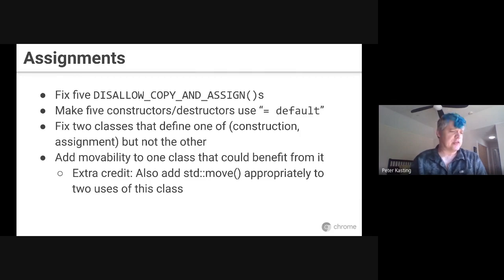Or maybe we're being forced to store it in a unique pointer today, but we really wish that we didn't have to do that, and go add move ops to it. The extra credit on this one is to also go add std::move to the right cases where we use the class. You'll recall that means things that are lvalues but need to be cast to rvalues so that they will start invoking the move constructor or move assignment.